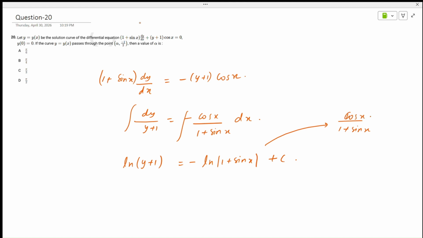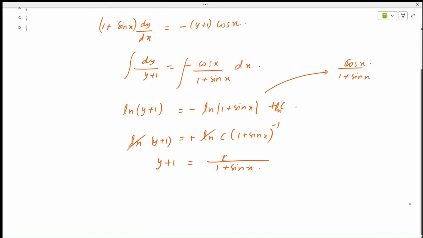Now this c can be written as ln c, and this becomes ln|y + 1| = ln c minus ln(1 + sin x). Minus goes to the power, so you'll get minus 1 there, and ln gets cancelled. y + 1 = c/(1 + sin x). Since c is a constant, you can write it in the same way.